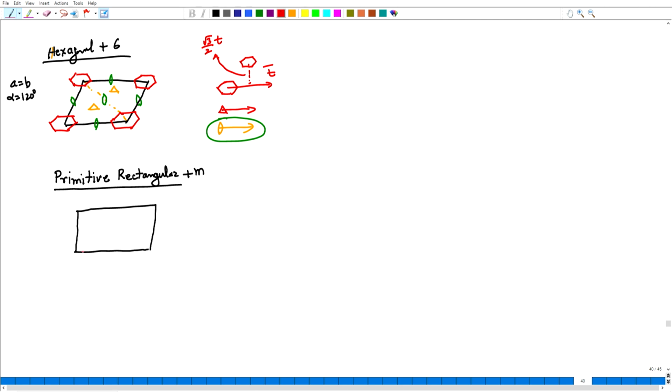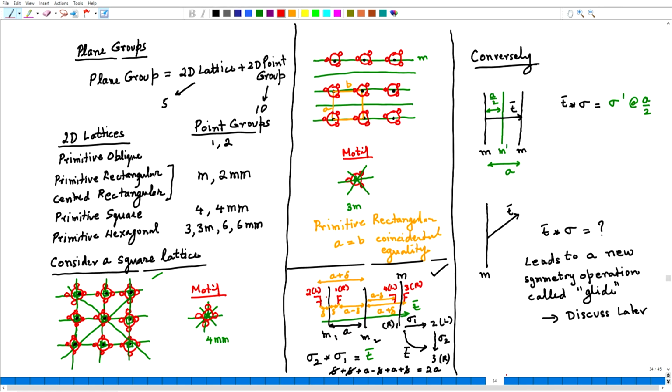So, I can add, let us say, a vertical mirror lined up with the edge of the cell. Translation will take this mirror opposite. Also, now remember that sigma followed by a translation vector produces a mirror at the midpoint of the translation. Just go back out here, we can see that we started with 2 mirrors here.